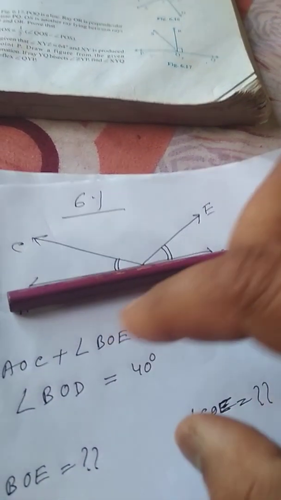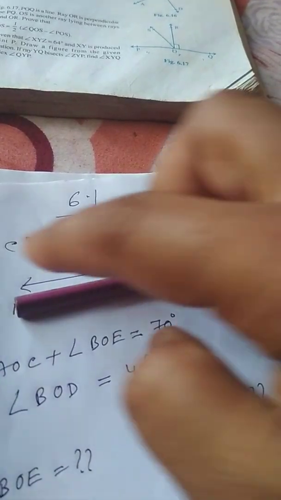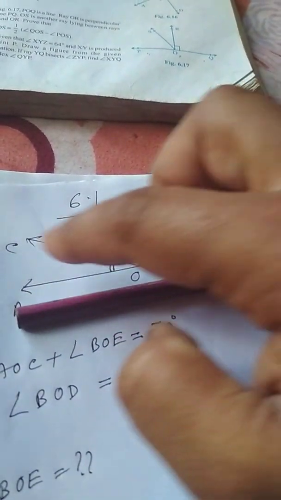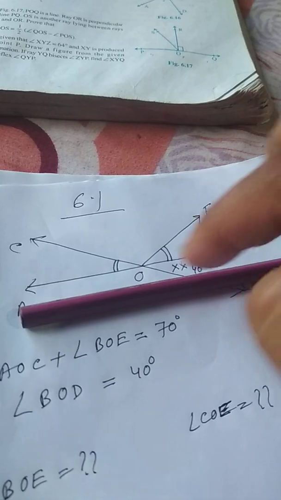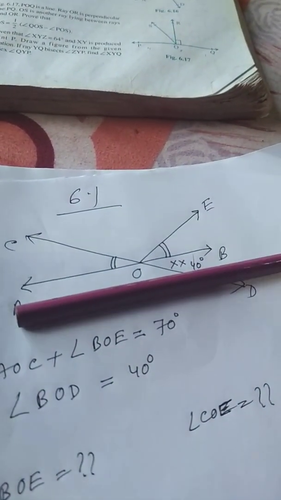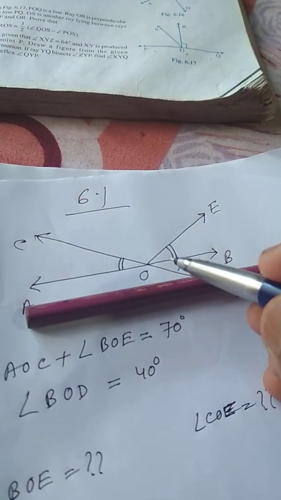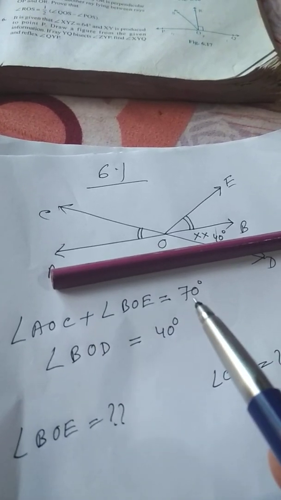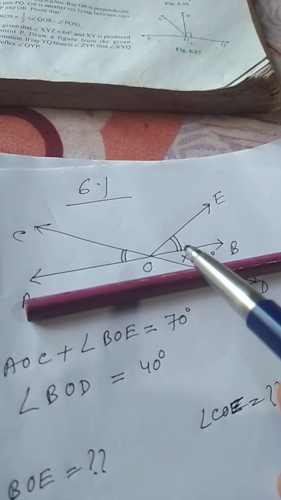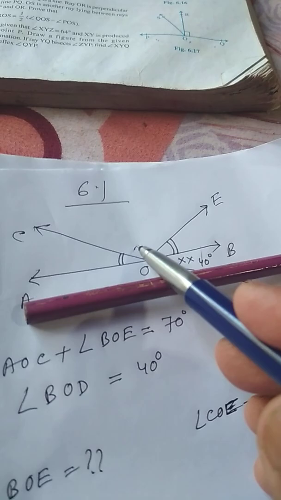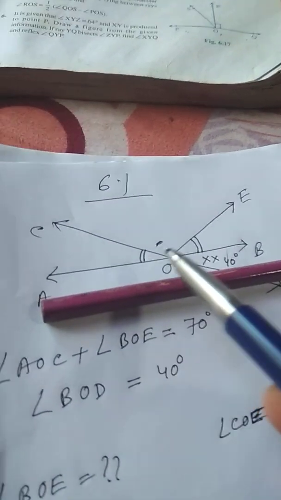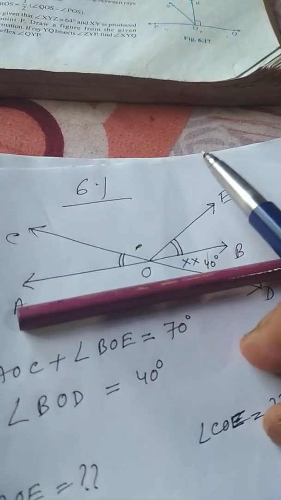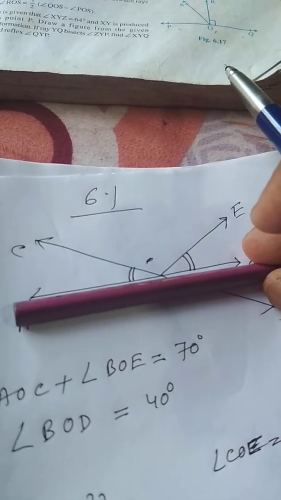So, AOC, this angle, and BOE, this angle, their sum is 70 degrees. This angle plus this angle is 70 degrees. So, what will be the value of this angle? Obviously, it will be 110 degrees, isn't it?